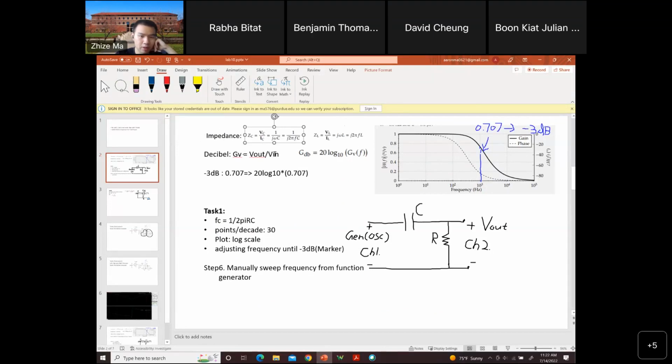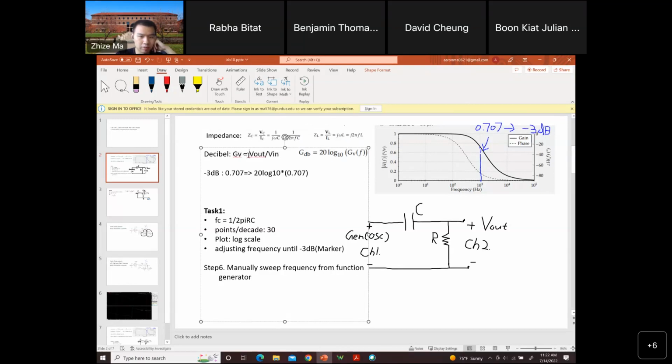Another thing is the unit called decibel. Like in Lab 8, you studied the op amp. When we talk about the gain of the op amp, it is just voltage divided by voltage. So that's a voltage gain.